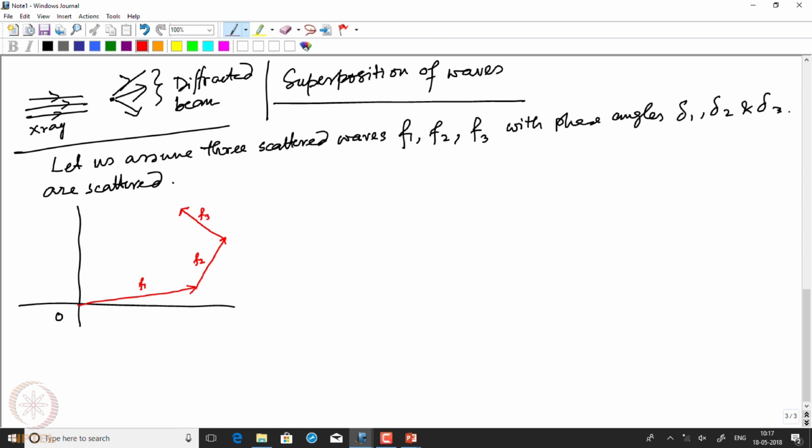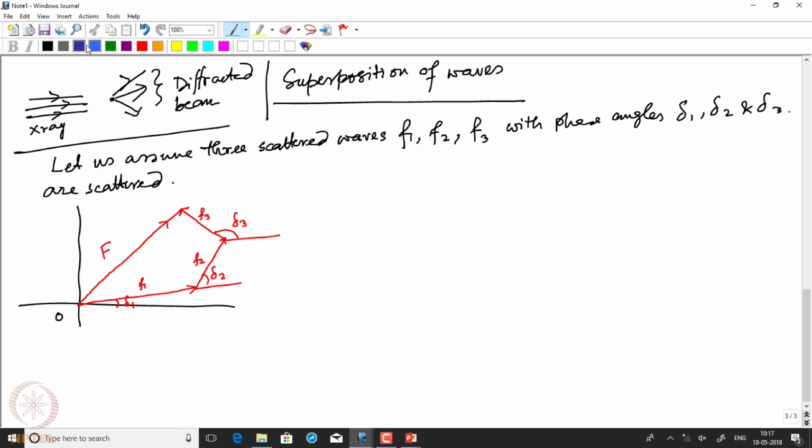The overall wave, the summation, is capital F. F1 is making delta 1 here, F2 is making delta 2 there, and F3 is making a phase angle of delta 3 here.